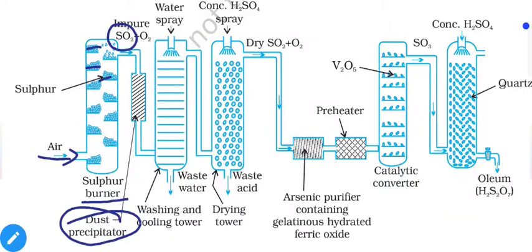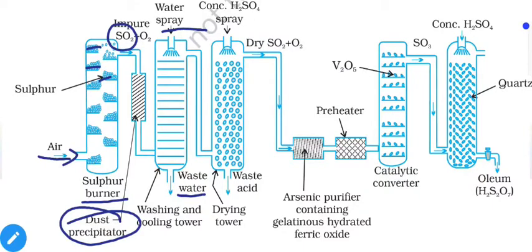That means it will create larger particles of dust which eventually settle down because of gravity. Later we have a water spray, which washes out the dust particles. Dust particles will be wetted by the water, and that's why they wash out. So wastewater removes dust particles.